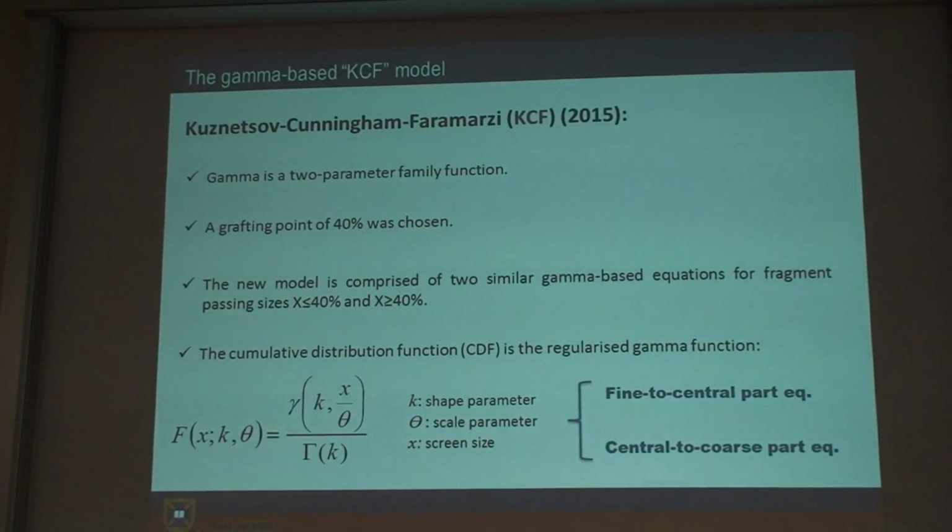because actually it is a 2-component model, and the new model is comprised of 2 similar gamma-based equations for fragment passing size less than 40% and more than 40%. And we just use the normal gamma function for the fine to central part and the central to coarse part, and K is shape parameter and theta is the scale parameter in this function.